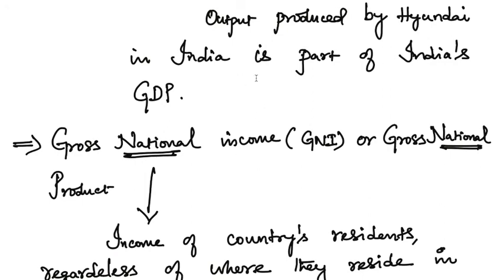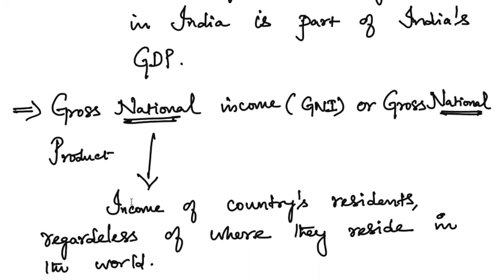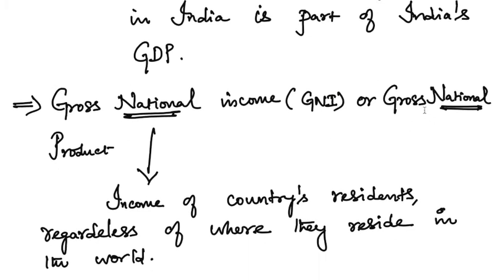Okay, so that part is understood, I guess. The next one is gross national income, or GNI, or gross national product. Earlier it was known as gross national product. Now it is known as gross national income, or in short, GNI.